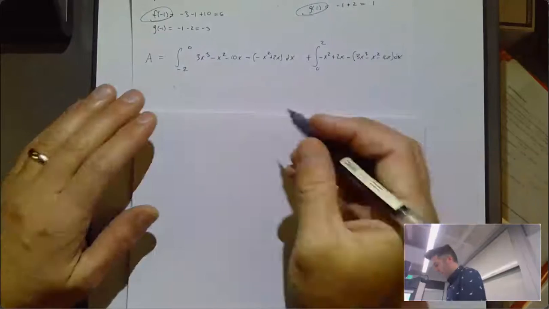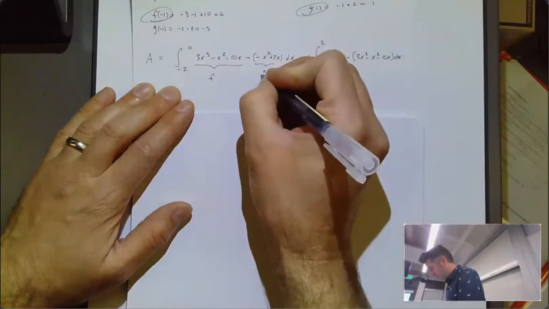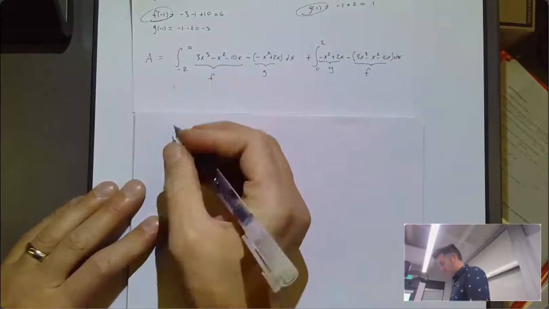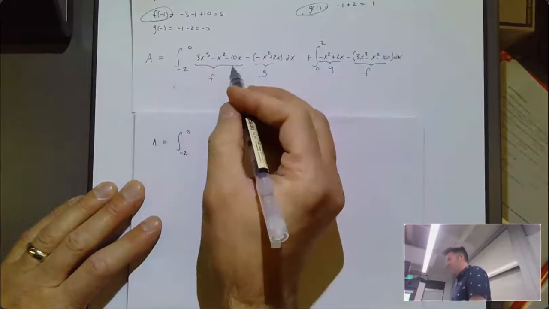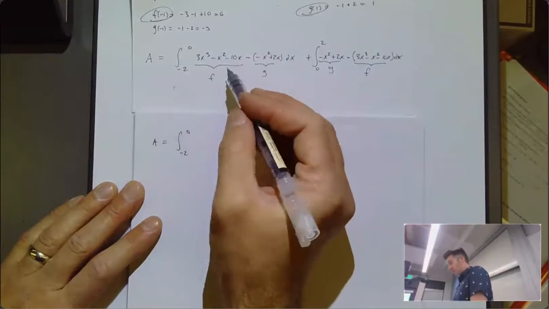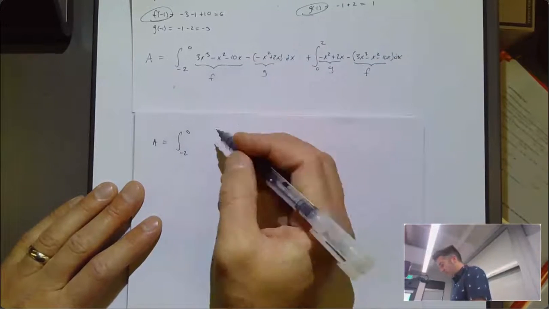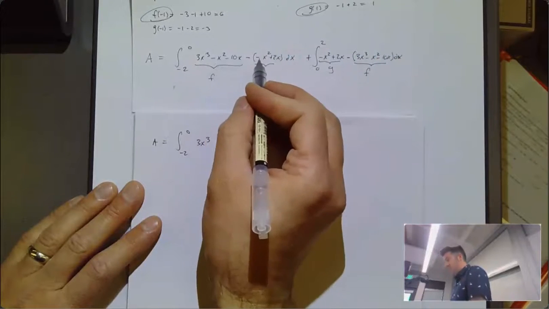And so here's something worth noticing. This is your f minus g. This is your g minus f. So when I simplify this, I'm going to get the integral from negative 2 to 0. Well, we already did the subtraction before. 3x cubed minus x squared minus 10x minus negative x squared plus 2x is going to give me 3x cubed, minus x squared, minus x squared cancels.